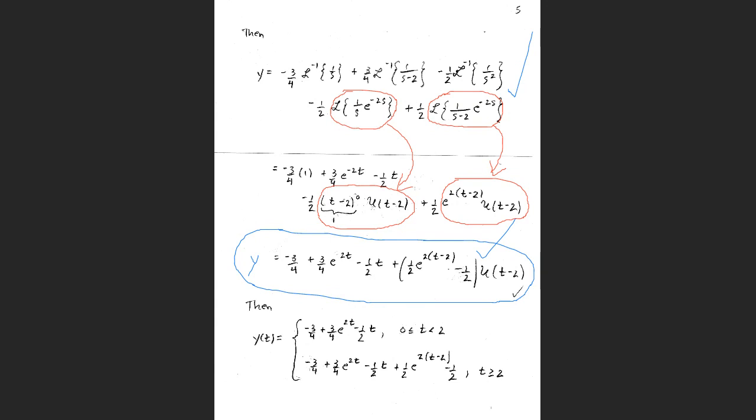Now remember, this unit step function here is equal to 0 when t is between 0 and 2, and it equals 1 when t is greater than or equal to 2. And so our solution function y of t will then equal this piecewise function.